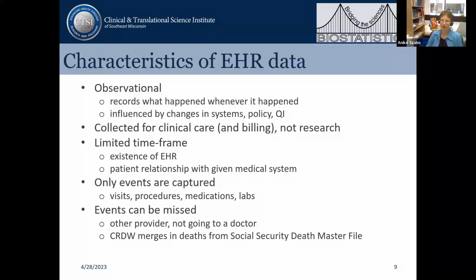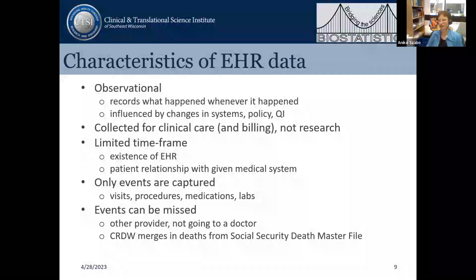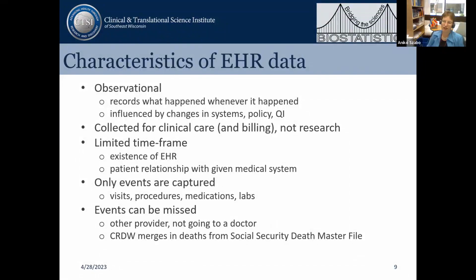So it's changing. Also, the data are not collected for research, but for other purposes. Typically EHR data is for clinical care and maybe for billing, but definitely not for research. The time frame we see is limited. It's limited by the existence of EHRs, so you really can't go back very far because we didn't have electronic health record data.